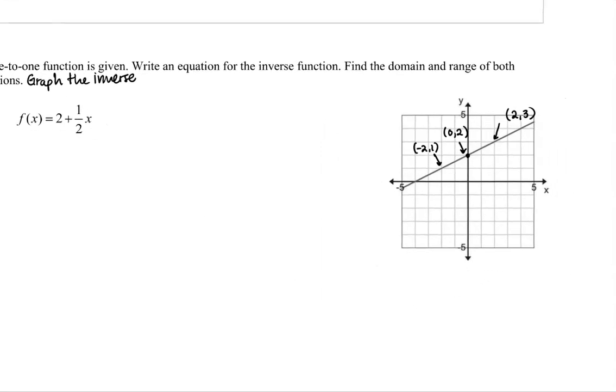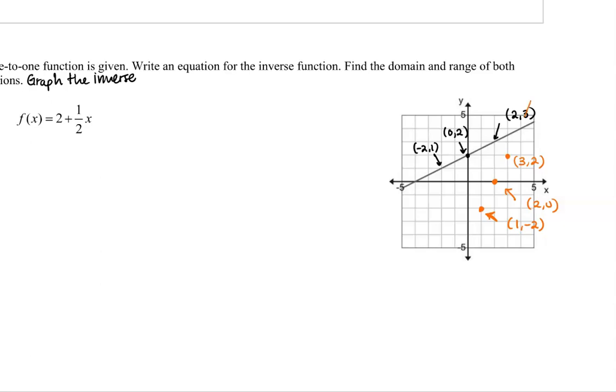So that means that the original function sends -2 to 1, so the inverse function I would expect to send 1 to -2. If the original function sent 0 to 2, I would expect the inverse function to send 2 to 0. And if the original function sends 2 to 3, I would expect the inverse function to send 3 to 2.